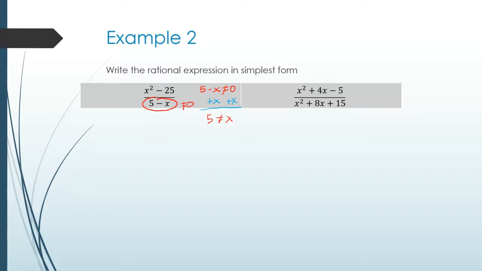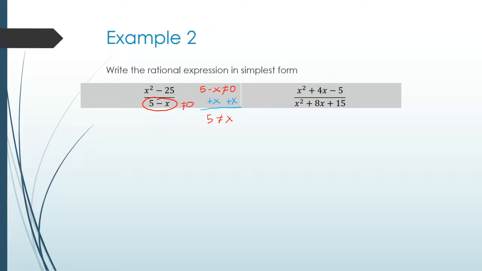Okay, good. Let's go step by step. So now we don't have to care about that part until we get to the very end. So we just do that off to the side, and then that comes back in again after we've simplified.